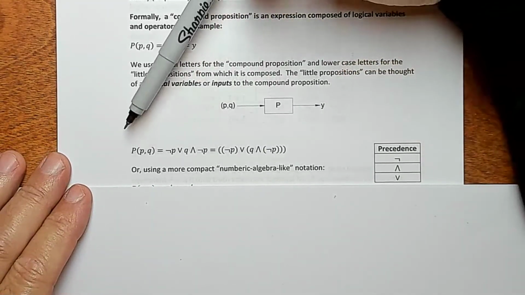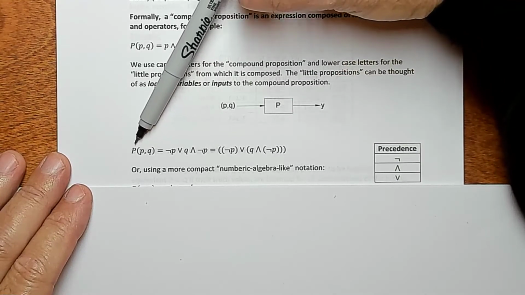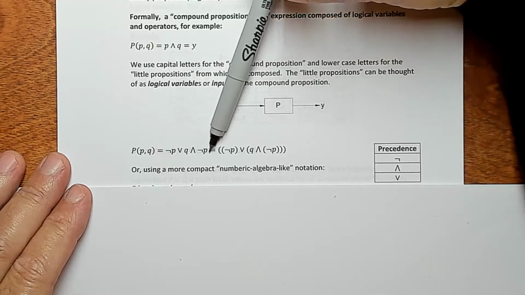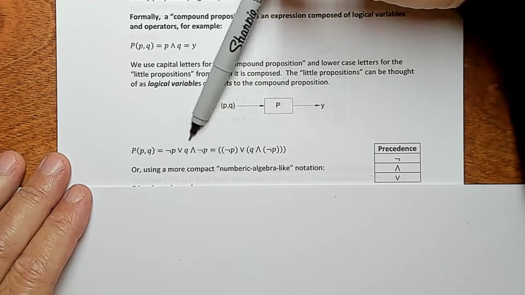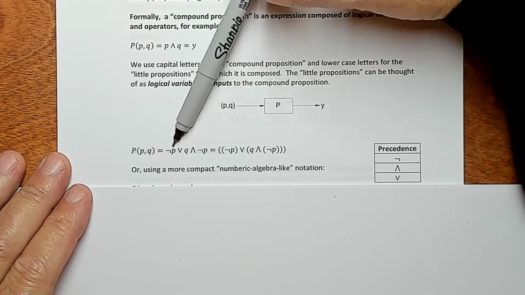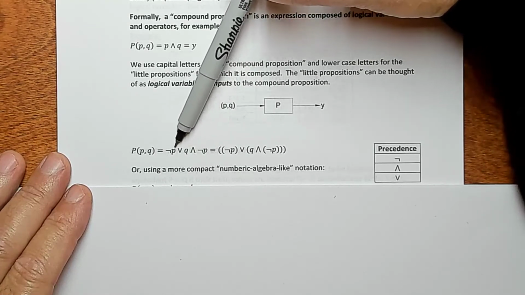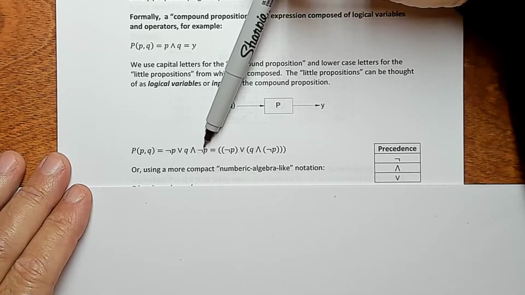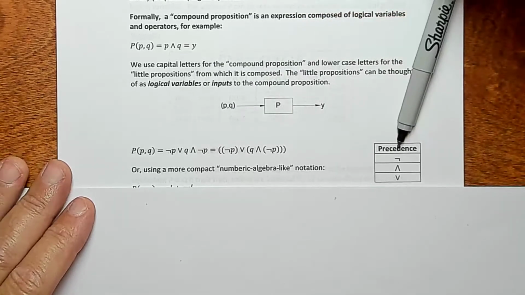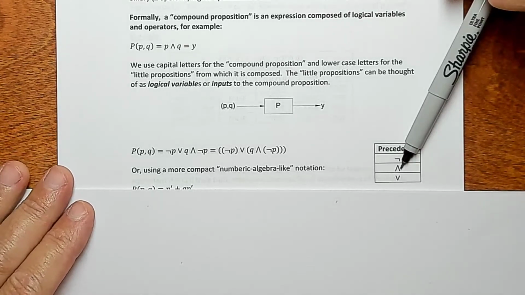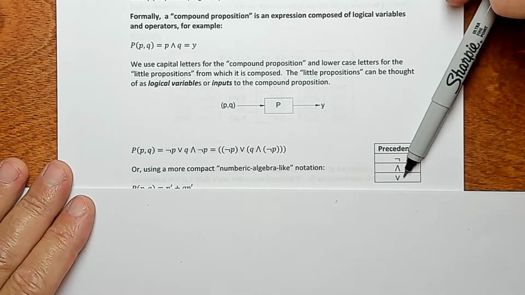So we could have the compound proposition, capital P, is a function of the little propositions p and q, given by this just arbitrary sequence of operations. So we have not p or q and not p. And there's precedence to these things. So not has the highest precedence, and has the next highest precedence, and then or has the next.